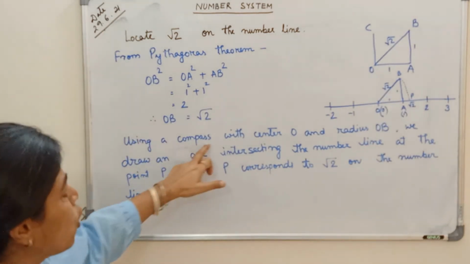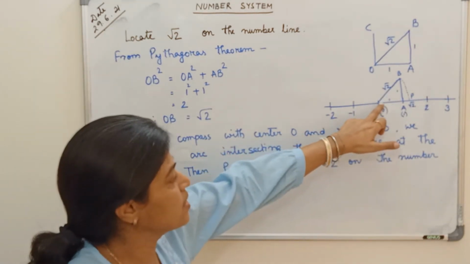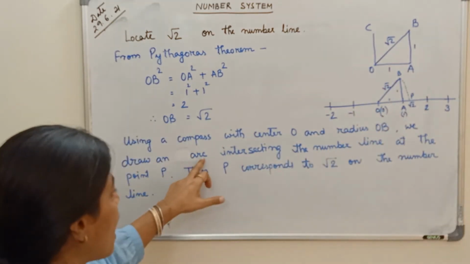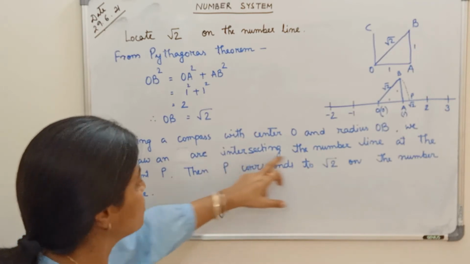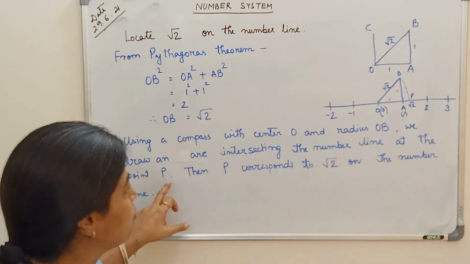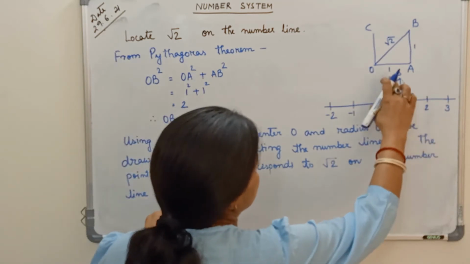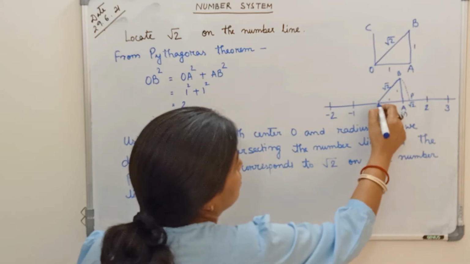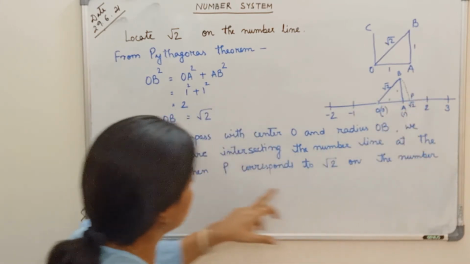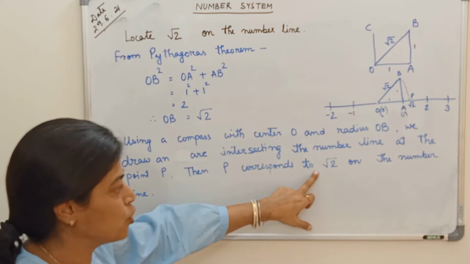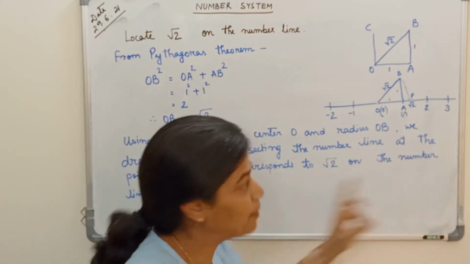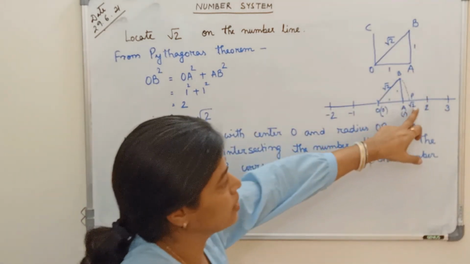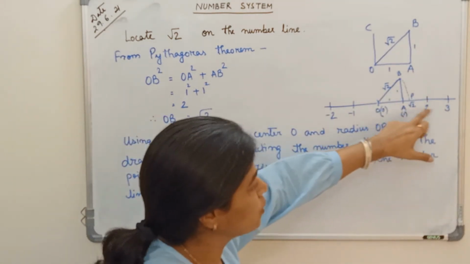So using a compass with center O and radius OB, OB is root 2 now, if we draw an arc intersecting the number line at the point P, it will cut at P. Then P corresponds to root 2 on the number line. So this is the way we can draw root 2 on the number line.